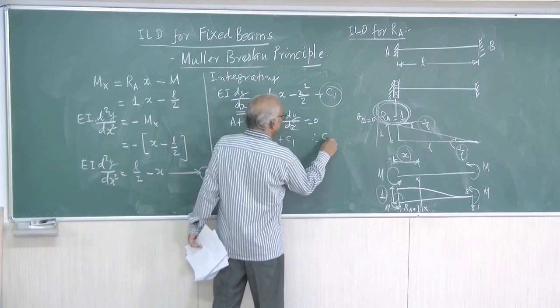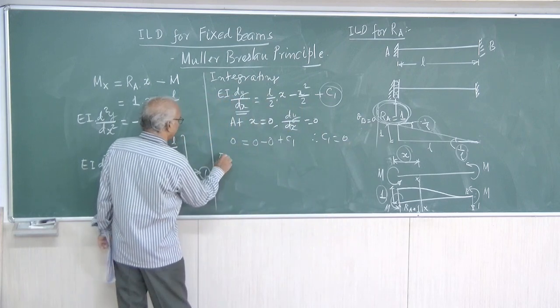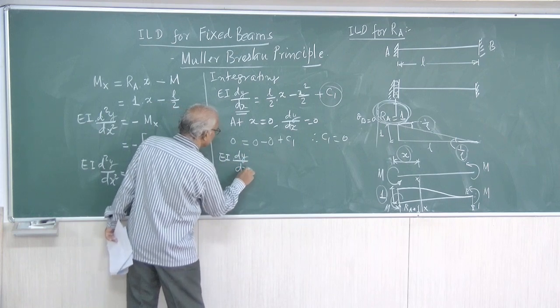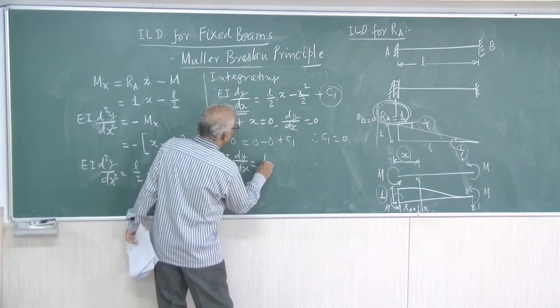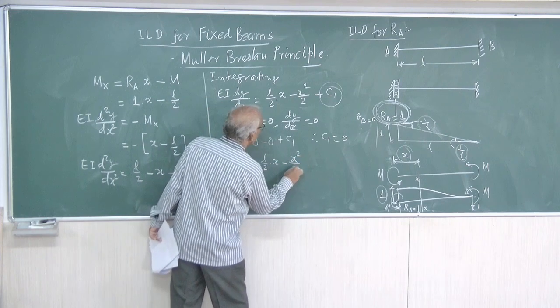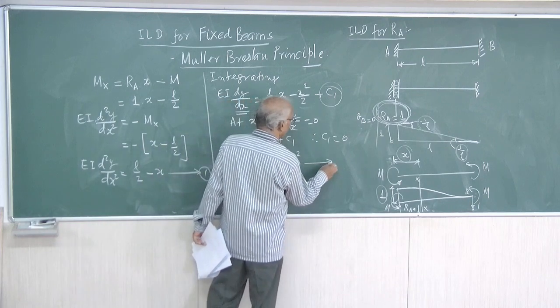Therefore, C1 equals 0. So EI into dy by dx equals L by 2 into x minus x square by 2. This is your equation number 2.